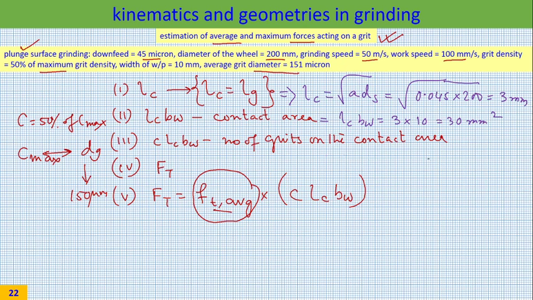To calculate that, I have to get Cmax. Cmax is 1 upon dg squared, which is Cmax equal to 1 upon 0.151 squared. So I think this will come out to be around 36. Let me calculate.